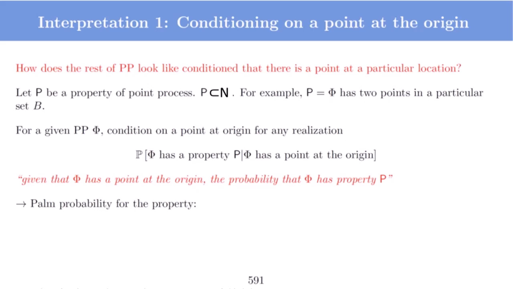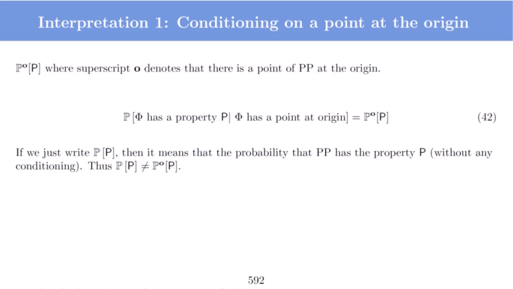It will be that phi has this property P. And the palm probability would be that phi has this property P, conditioned on phi having a point at the origin. Given that phi has a point at the origin, what is the probability that phi has this property P? That is the main difference between the palm probability of a property and the normal probability of the property.